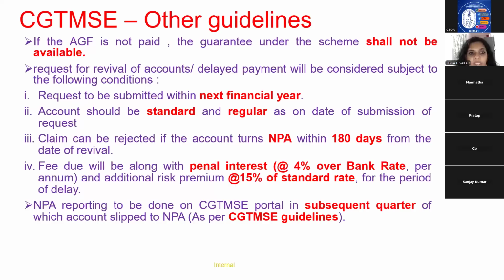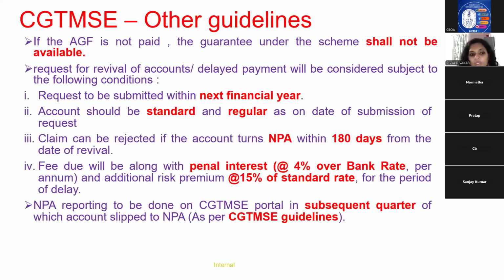The account shall be standard and regular as on the date of submission of the request. A claim can be rejected if the account turns NPA within 180 days of the revival. And obviously there has to be a penalty, right? So the penal interest will be 4% over the bank rate and an additional risk premium of 15% for the period of delay.